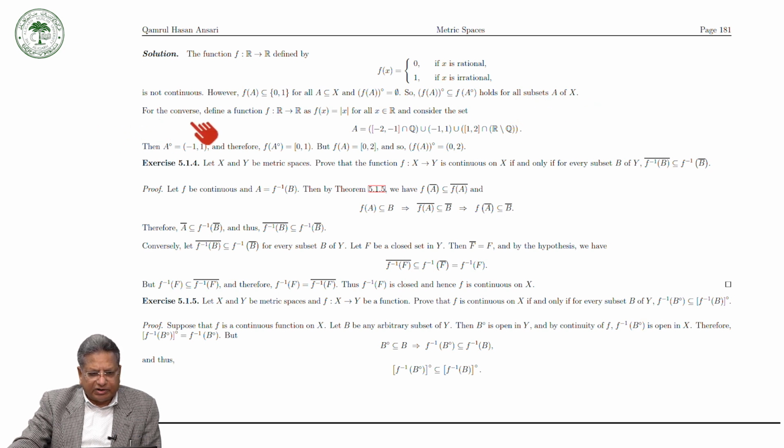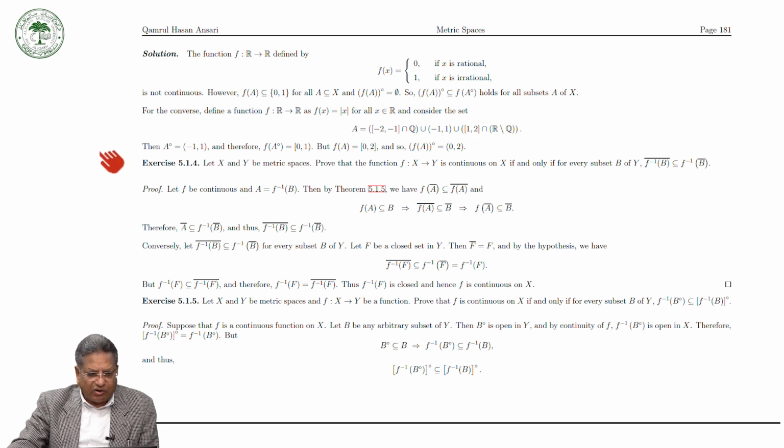But for the converse, now define a function f from R to R as f of x is equal to mod x. And consider the set A consisting of the rational numbers in the closed interval [-2, -1], union all the numbers in the open interval (-1, 1), union the irrational numbers in the closed interval [1, 2].